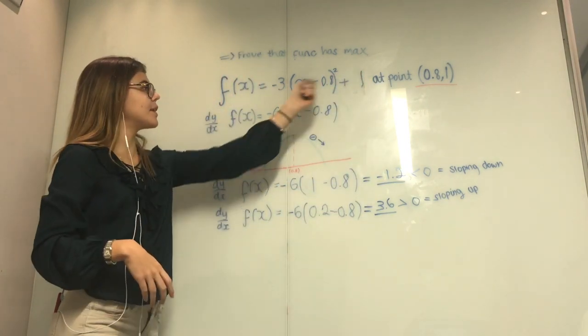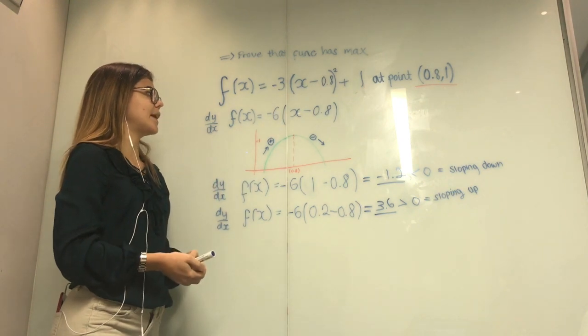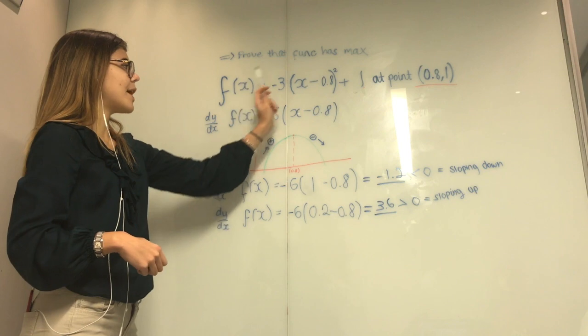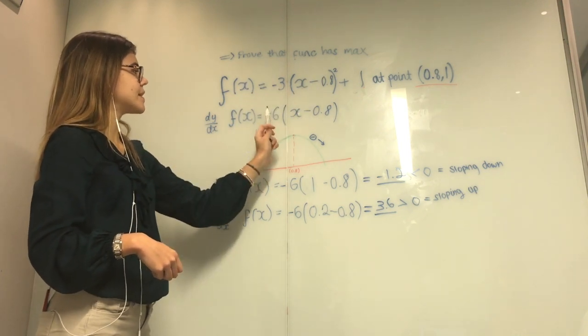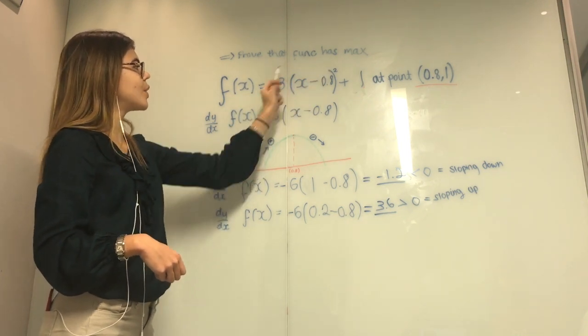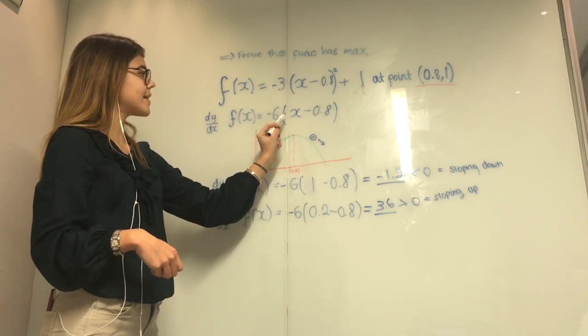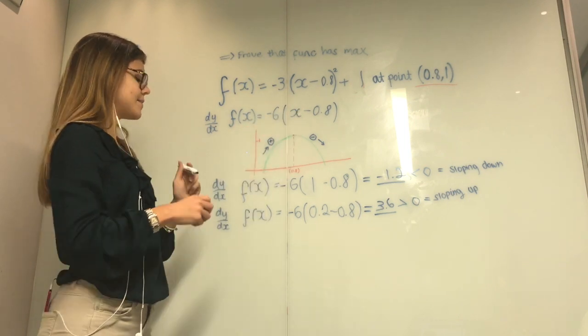Now that we have the completed function, the next step would be to derive it. In order to derive this, we would apply the chain rule, which would mean that this is multiplied by 1, and then the 2 goes down, leaving us with negative 6 times (x minus 0.8).